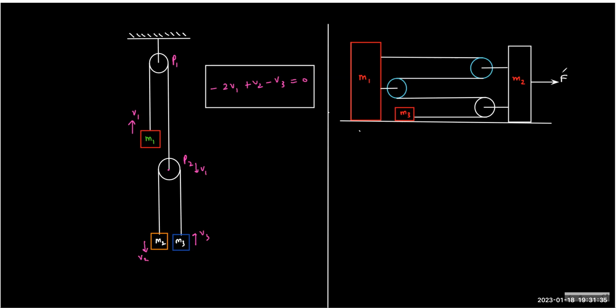So someone is pulling the rightmost side block, which is interestingly connected with all these things, as you can see.